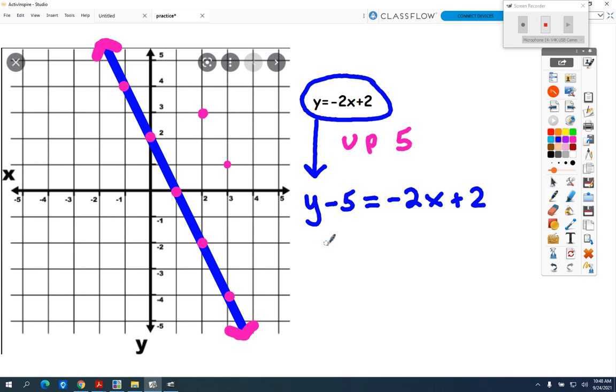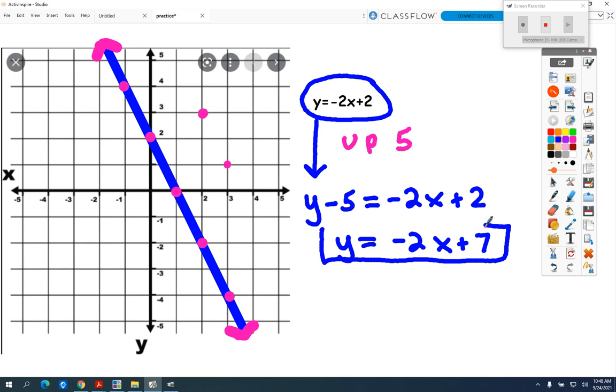We're going to go ahead and solve the equation for y. So if I add 5 to both sides, you're going to get negative 2x, and 2 plus 5 gets you plus 7. Okay? Now, this equation is the equation after a translation of up 5.